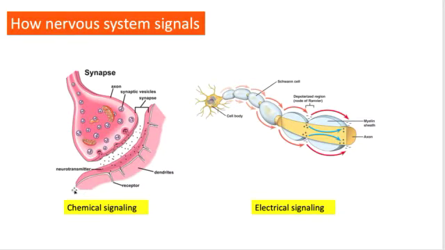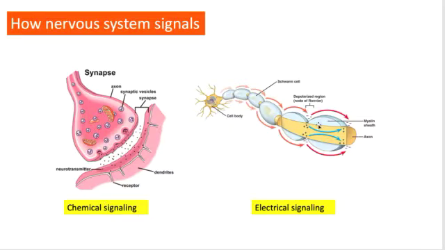The chemicals that are signaling from one cell to another are called neurotransmitters, and we'll talk a little bit more about them in a moment. That signaling takes place at a very specific location called a synapse. Inside the cell, there are electrical signals that use ions, not electrons, ions like sodium and potassium. The two tie together.